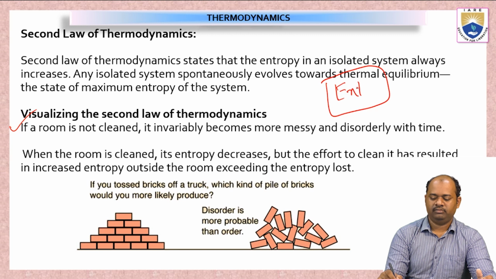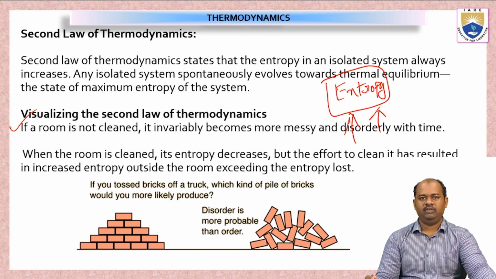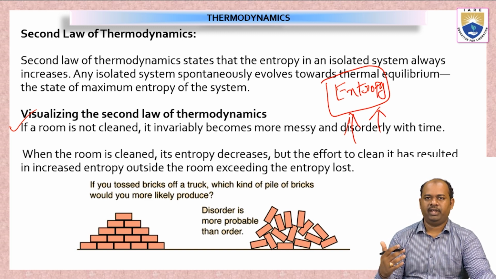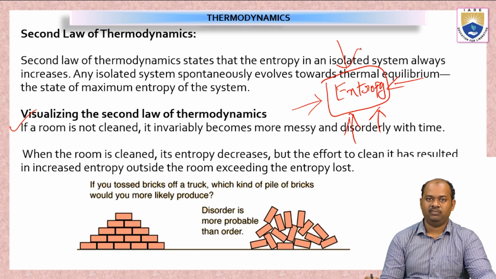If I try to decrease the entropy, I will apply some heat or energy from outside. When I supply heat from outside, the entropy outside the thermodynamic system will increase, whereas the entropy inside the system will decrease.